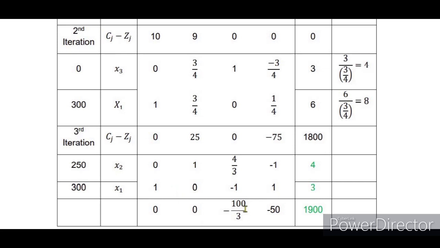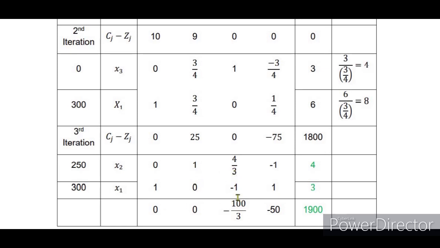Okay? Next, 250 times 4/3, it will become 1000 over 3. Next, 300 times negative 1 is equal to negative 300. So we will now add 1000 over 3 and negative 300.